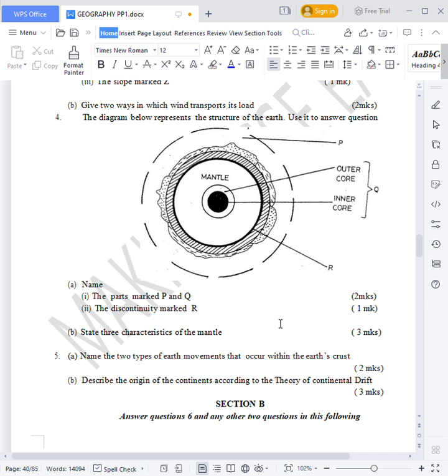Then we have vertical earth movement, also called epeirogenesis.